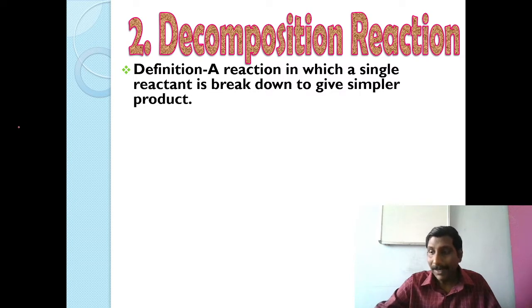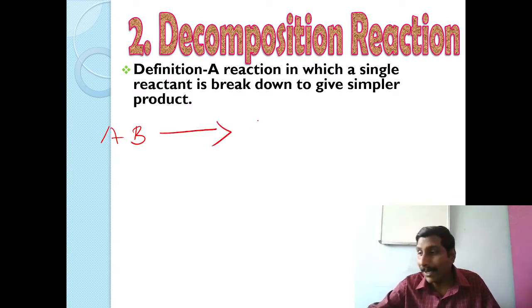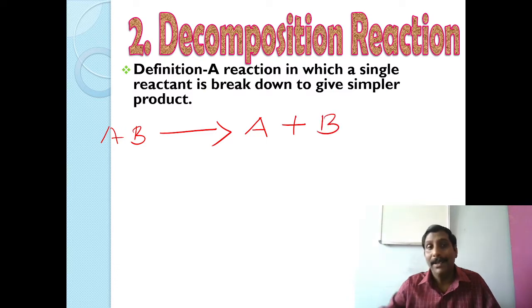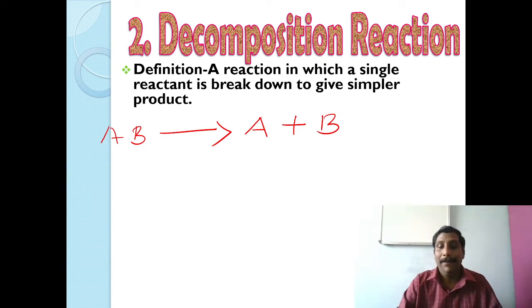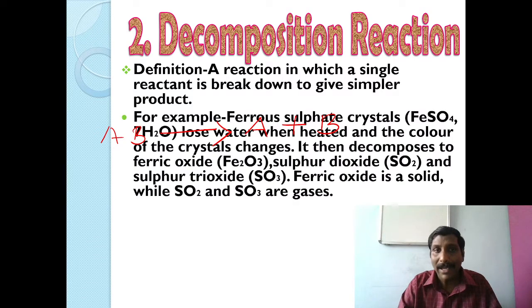That is, in a reaction, a compound AB undergoes decomposition to give simpler compounds A and B. That is, a complex molecule undergoes decomposition and we get simple molecules. So a reaction in which a single reactant breaks down to give simpler products is called a decomposition reaction. Next, we move to an example.